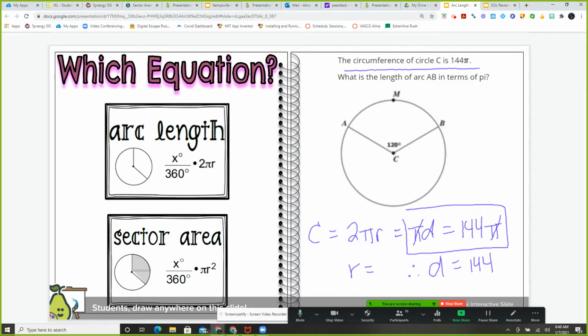You would think, because it's a perfect square, that you want to take the square root. We're so conditioned to do that. What's the relationship between the radius and the diameter? Well, the radius is half of the diameter. Absolutely. So if the diameter is 144, what's the radius? 72. And it's so tempting to say 12 because we're so conditioned with area for it to be r squared. So be careful with those. 72.